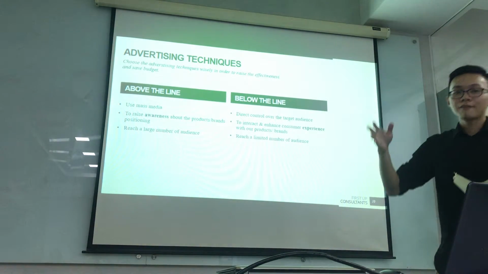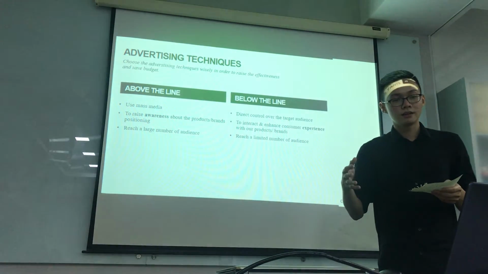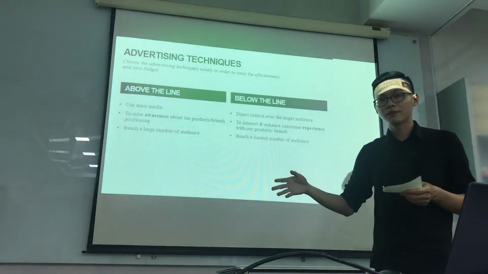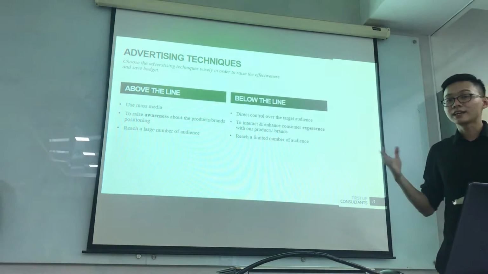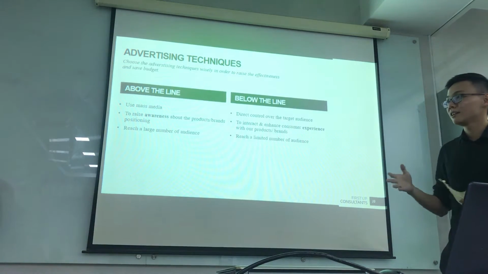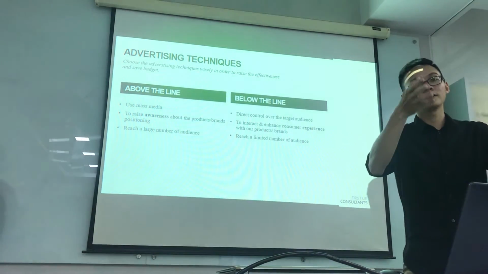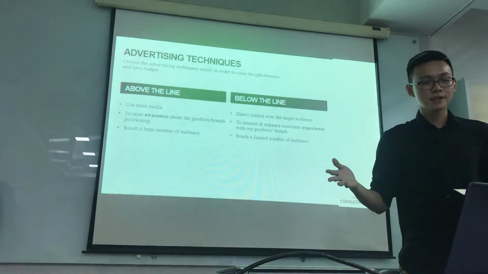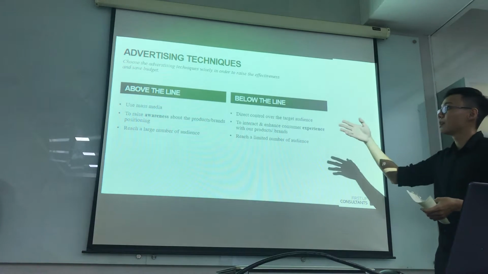So you now know how the message or ideas can be delivered through advertising appeals. But what are the techniques of this? Is there any platform for the advertising to be delivered out there for the consumer to see? So I have come up with two types of techniques.